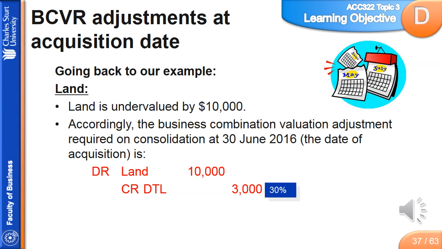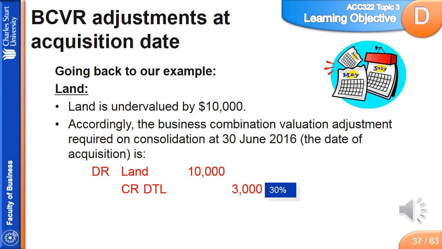So 30% times $10,000 is $3,000, and that's because we're increasing land above its carrying amount. If that amount was to be realized, as in we were to sell the piece of land for $10,000 more than its carrying amount, that portion would be considered a gain, and we would have to pay 30% tax on that.